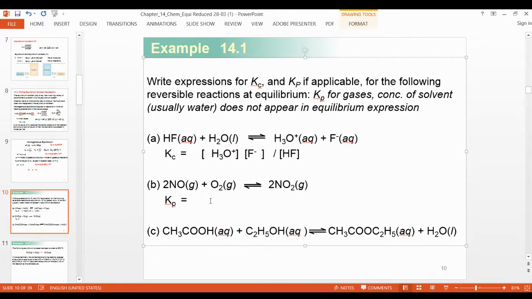Write P, not the concentration. Just write capital P, and NO2.